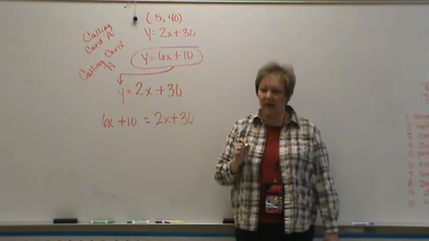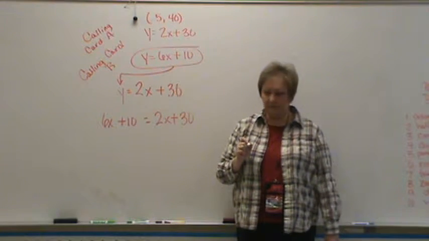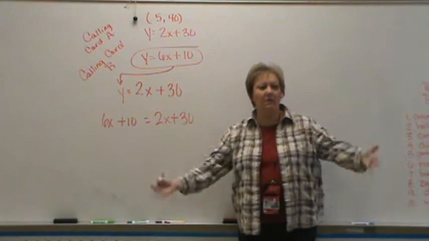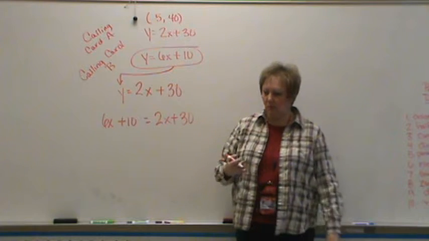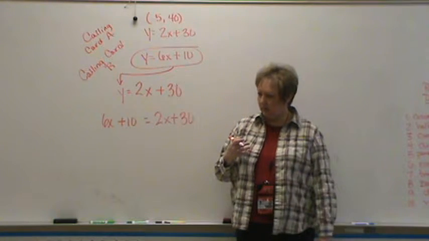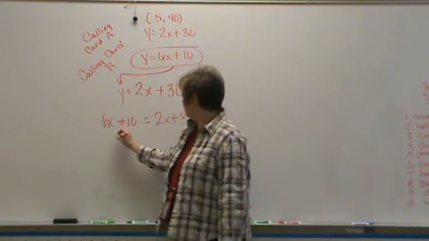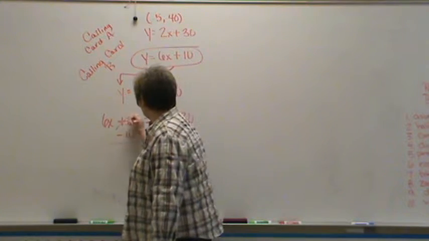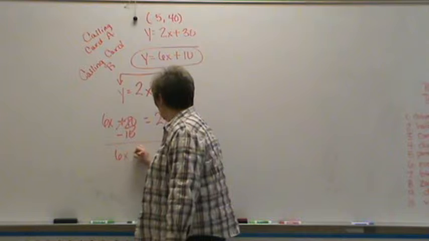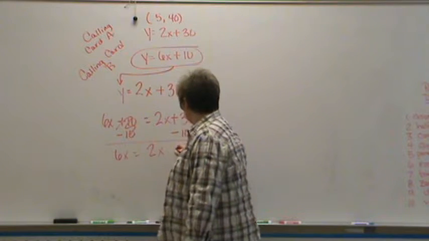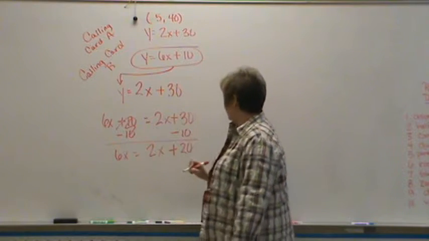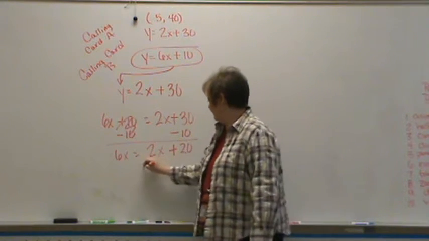Now how do I solve that? Come on, y'all. Give me some feedback. What do I got to do? Subtract 10. Okay. That's a good start. 10's gone here. Now what? Subtract 2x.